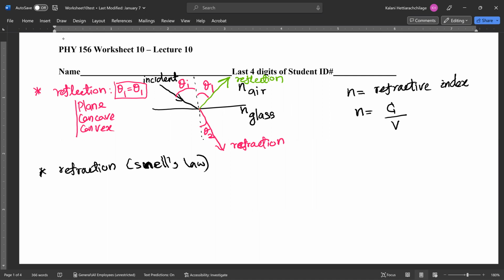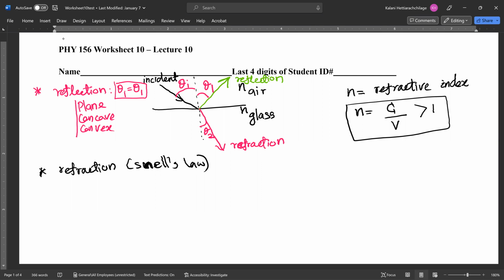And this number is always greater than 1, because the speed of light is always greater than the speed of light inside any media, right?